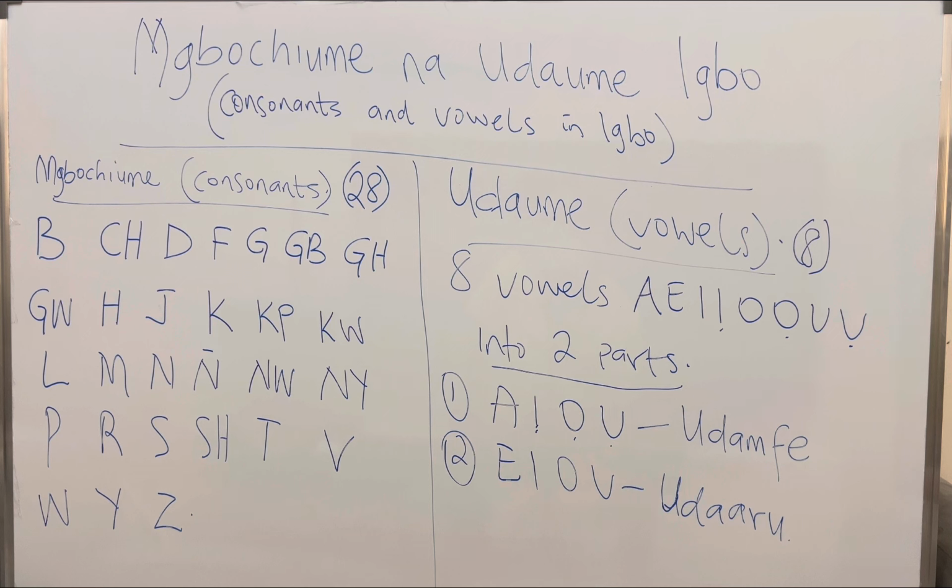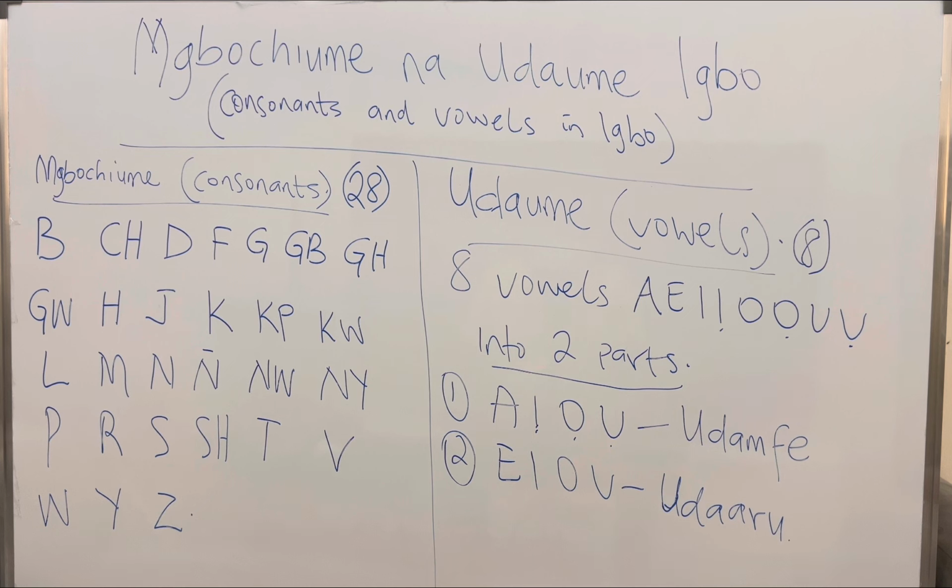You will agree with me that there are some letters which look the same, but the difference is the pronunciation, the sound. They may look the same, but the sounds are a little different.